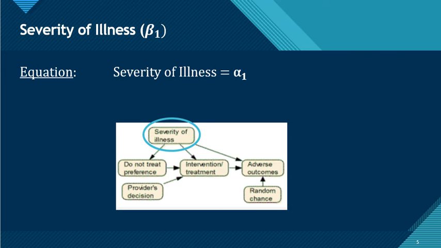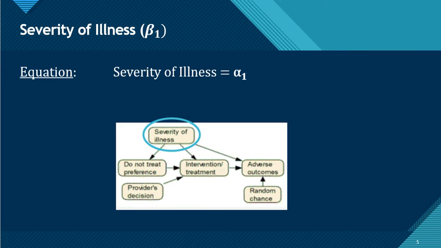Now to answer the first question, we're going to write equations for each node in the network given. Here we are writing an equation for severity of illness, which is a fairly simple equation because it has no parent nodes. Severity of illness equals alpha, or its y-intercept. As a side note, I labeled severity of illness as beta sub 1, so it could correspond to alpha sub 1.